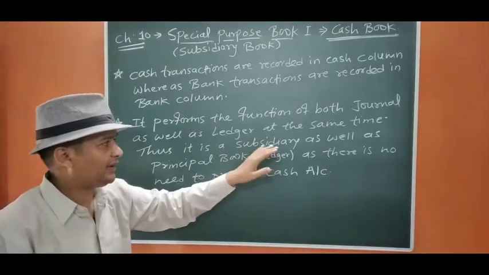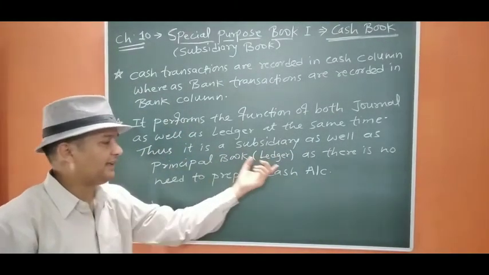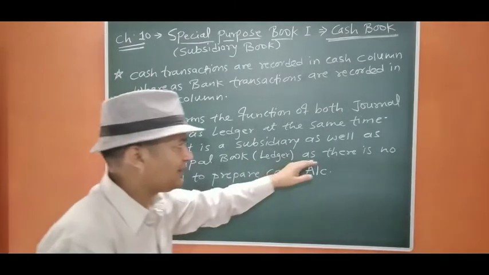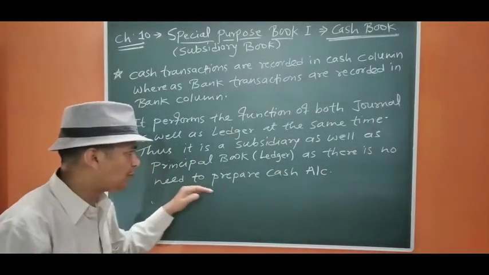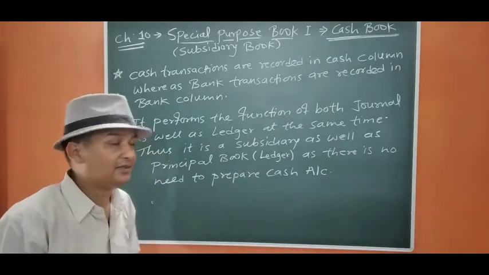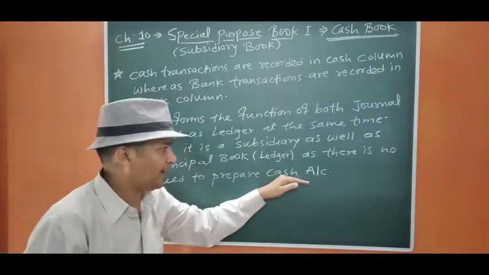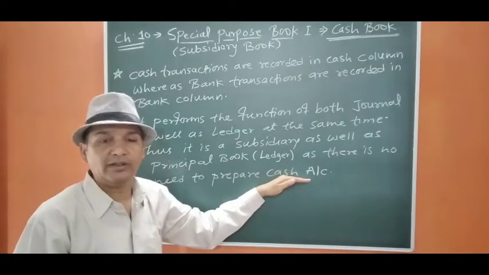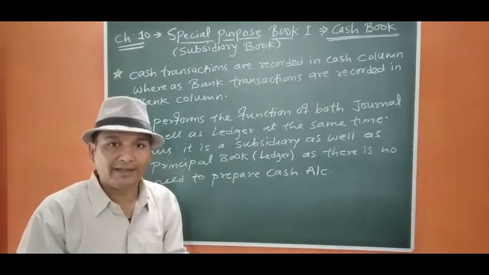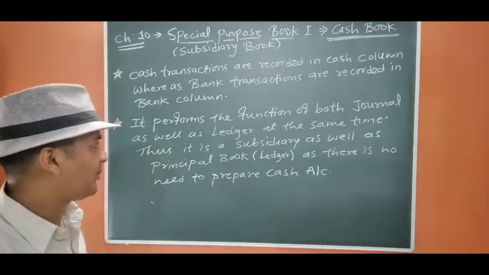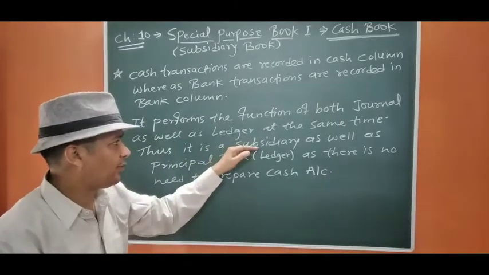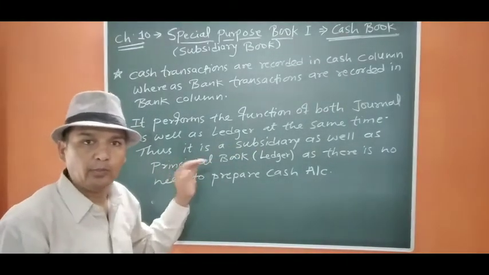Thus, it is a subsidiary as well as a principal book, that is ledger, as there is no need to prepare the cash account in the ledger. That is very important. That's why you should remember that it is a subsidiary book as well as a principal book.